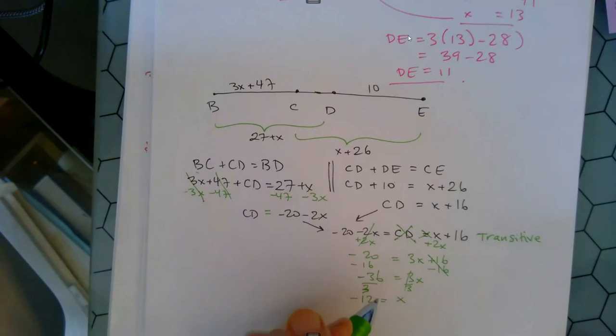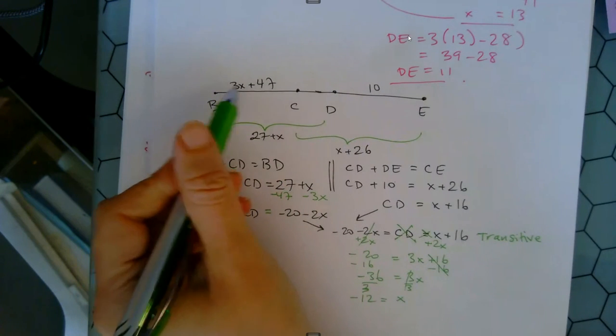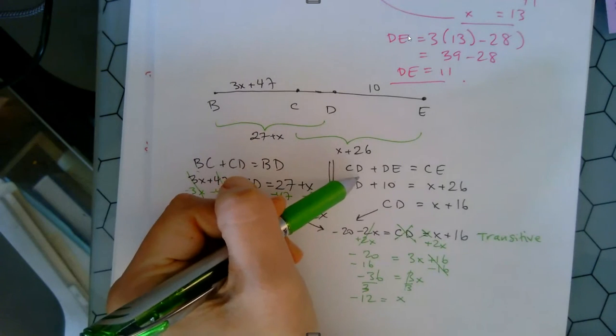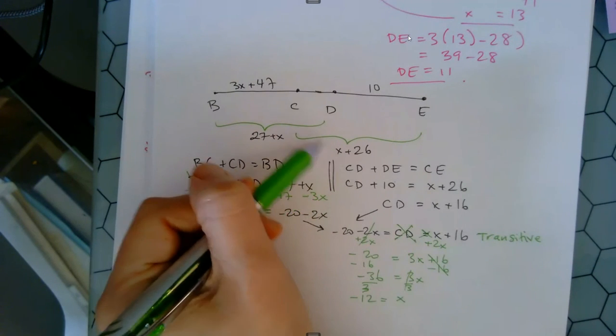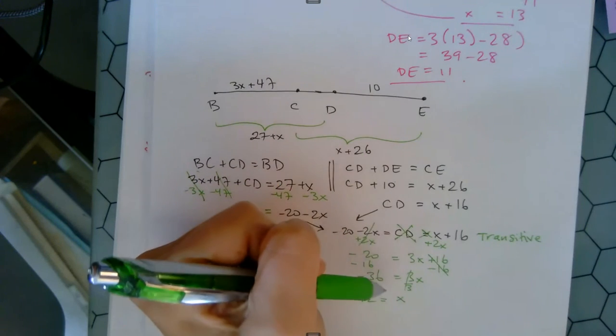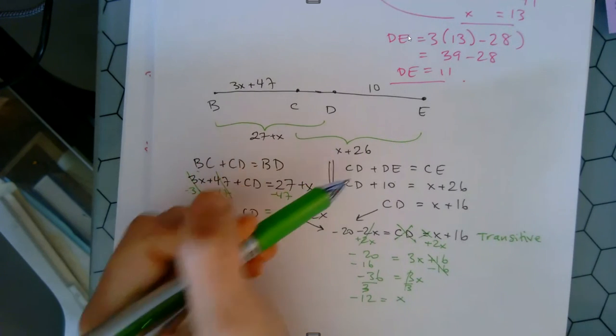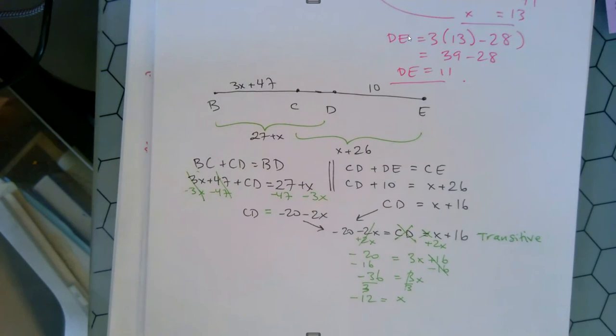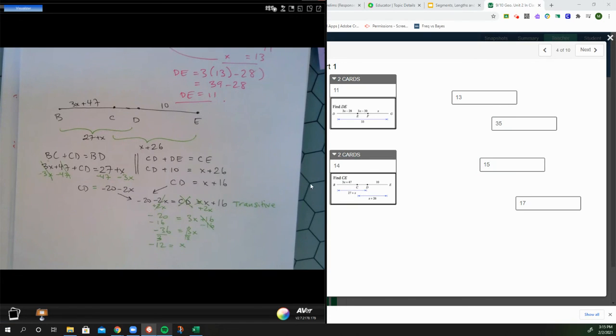It doesn't feel good. Also, generally speaking, lengths can't be negative, but just for informational purposes, this length, CE, that's x plus 26. If you put the negative 12 in, it won't give you a negative number. That's all right. And then we are not actually finding CD in this problem. We are supposed to find CE. That is our mission.